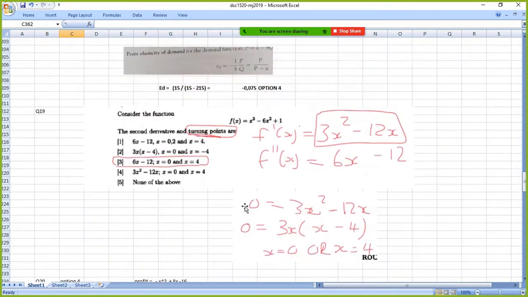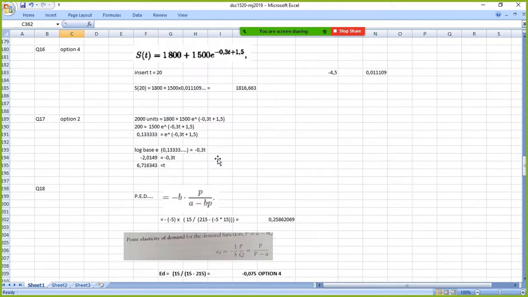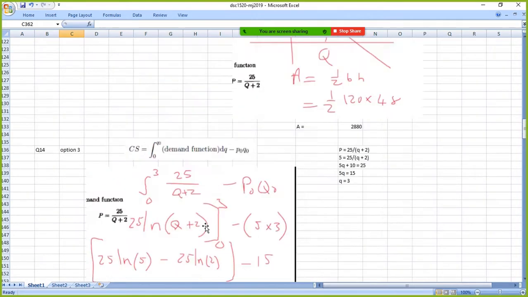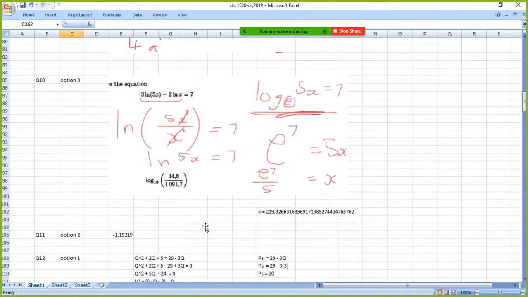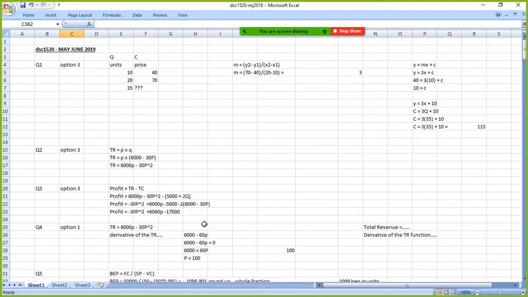Was there a special formula we used here? Let's see. Yeah, there's the second derivative. That was for non-linear. That was for linear. Yeah, for linear. Okay, looks like it's only the linear that they give you.